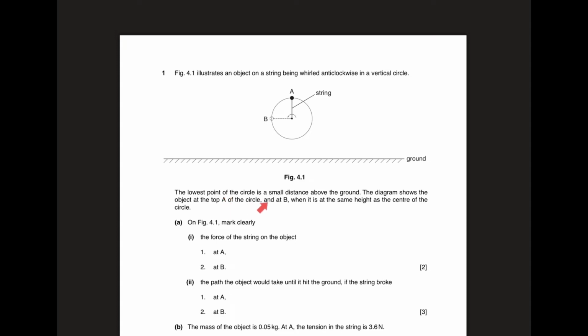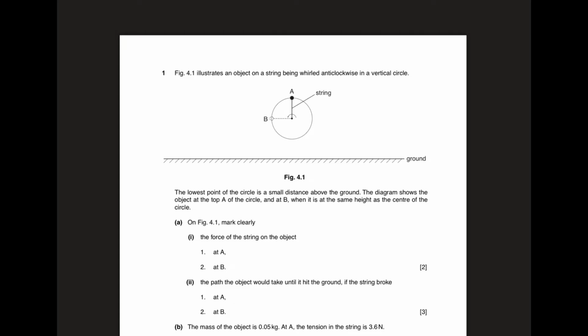The diagram shows the object at the top A of the circle, so which is here, and at B when it is at the same height as the center of the circle. On figure 4.1, mark clearly the force of the string on the object. Okay, so we need to know the force that they mentioned here is the centripetal force.